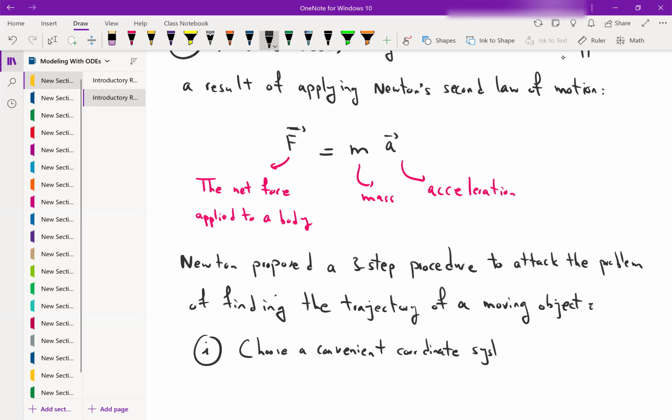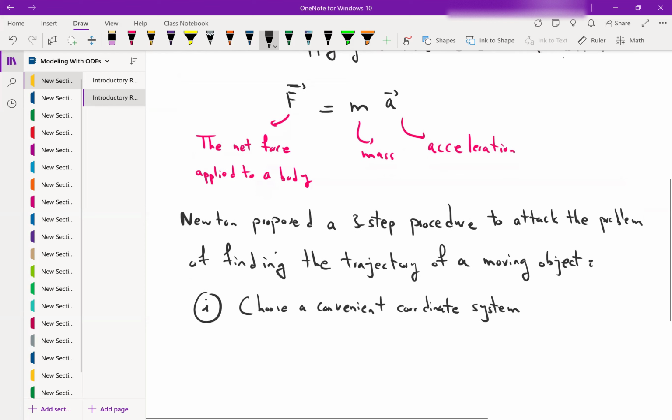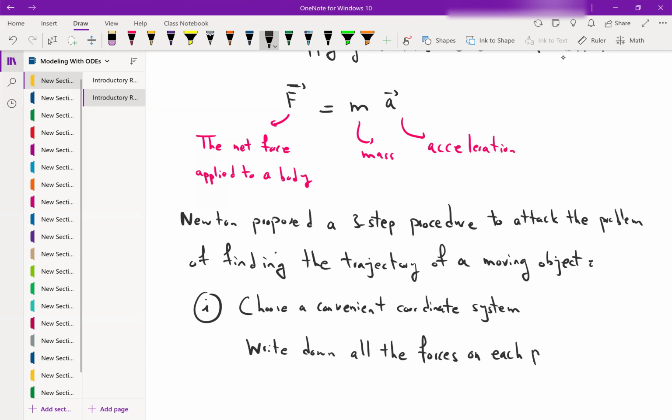Cartesian coordinate system, or polar coordinate system, or in 3 dimensions, a spherical coordinate system, cylindrical coordinate system, and so on and so forth. Choose your coordinate system. And then once you have your coordinate system, write down all the forces on each particle in your system.